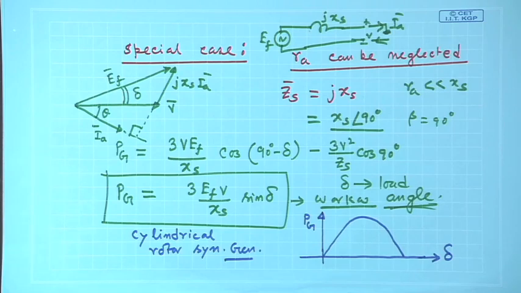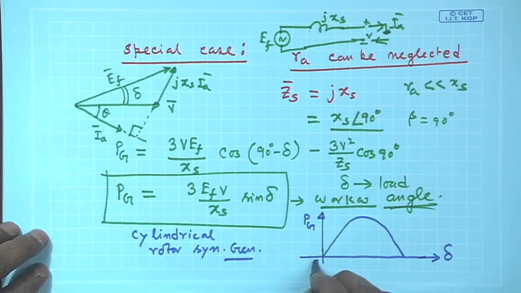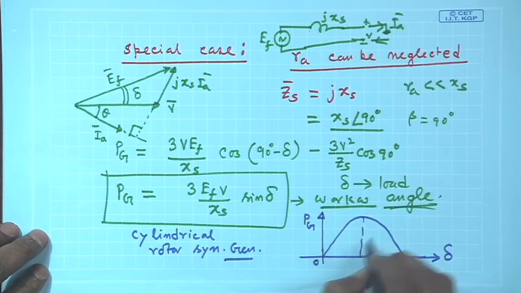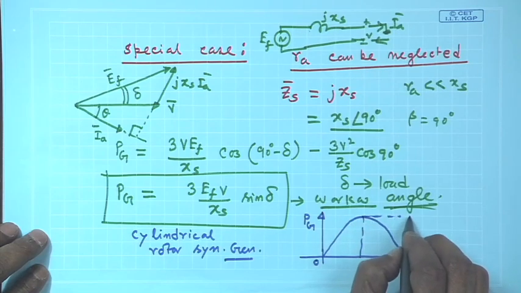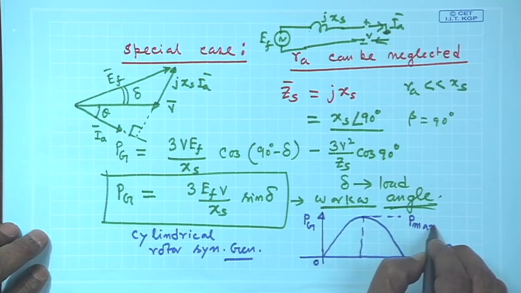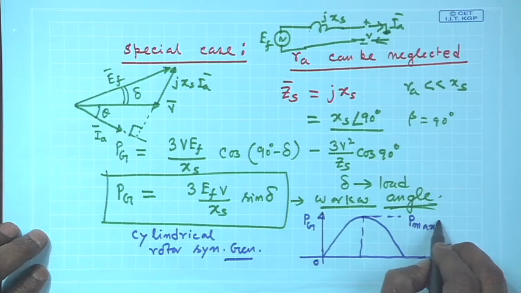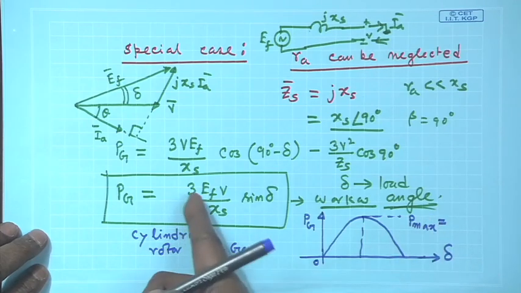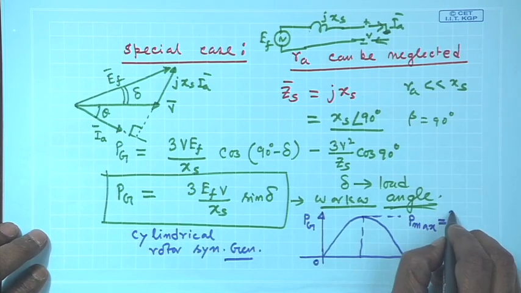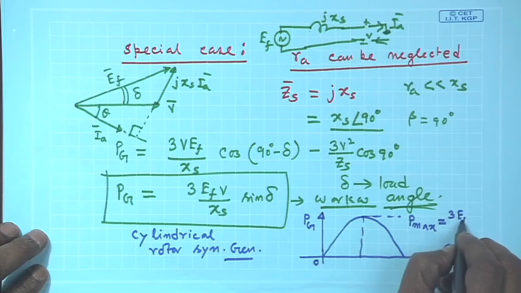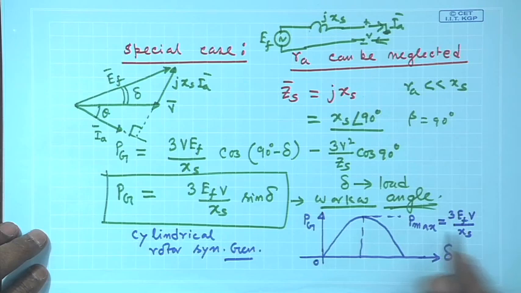And this is P max, which is equal to 3 Ef V by Xs.